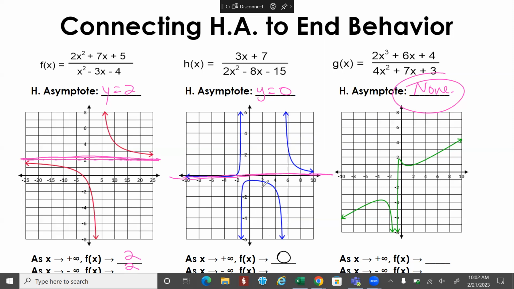Same thing on the left-hand side. But on the last one, as x is approaching positive infinity, y is also approaching positive infinity because it's going up. As x is going to the left, y is going down. Again, you're writing that end behavior on your paper.